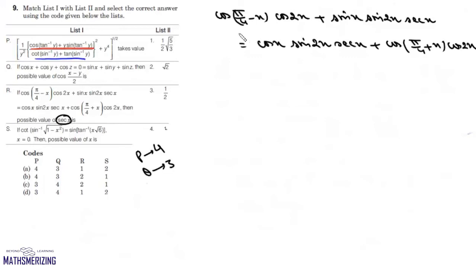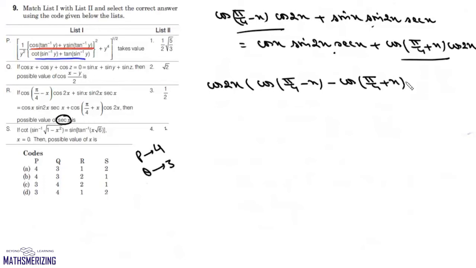Now what we'll do is, we'll take these two terms together and we'll take these other two terms together. So we can write cos 2x into [cos(π/4 − x) − cos(π/4 + x)] equals sin 2x into secant x, into (cos x − sin x).